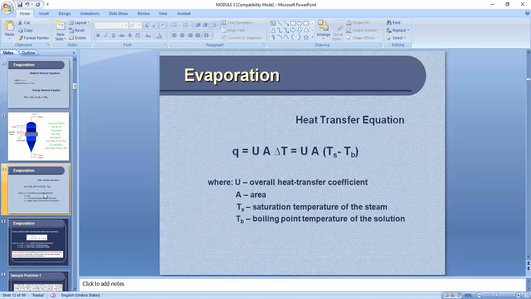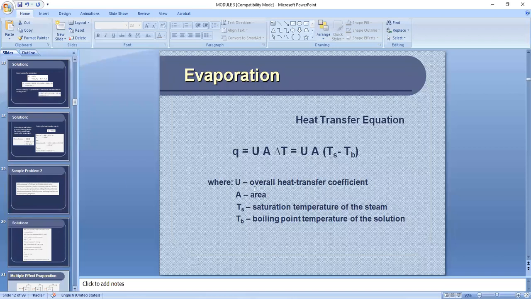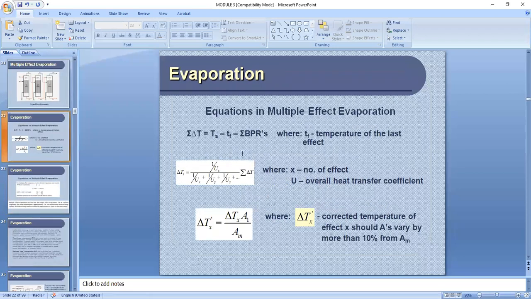The delta T that you have here is simply the difference of the temperature of the steam minus the boiling point of your solution, whether it's elevated or not. This is our formula for single effect. But if it's multiple effect, it's different already. You have to consider a different formula considering the summation of the BPRs for each of your effects.